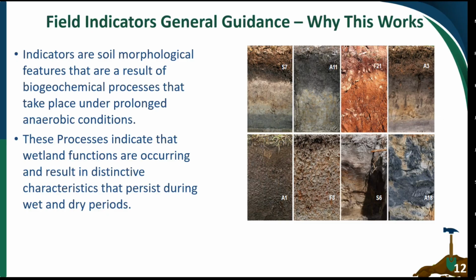It's the chemical interaction between living organisms and the soil itself. The microbes drive the chemistry, and the chemistry creates the soil features that we observe in the field and use as indicators. These are often repeatable patterns of mostly color in the soil that are in conjunction with specific soil texture groups that confirm the soil in place meets the hydric soil definition.